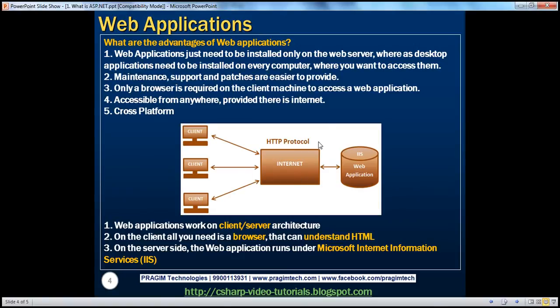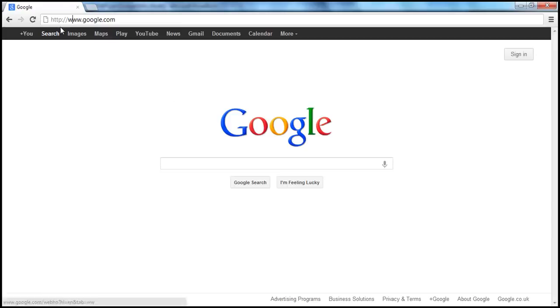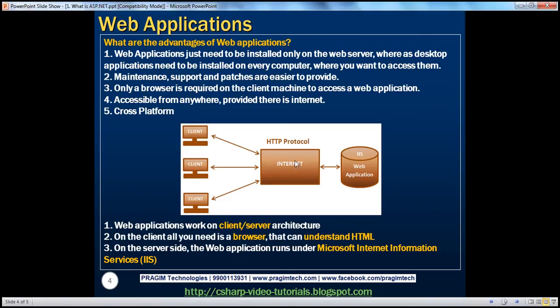So we are using the HTTP protocol to access this application over the internet, and then the request goes to the IIS. IIS will then process the request and do whatever it has to do. If it has to retrieve data from a database, IIS will hand over that request to the web application DLL.